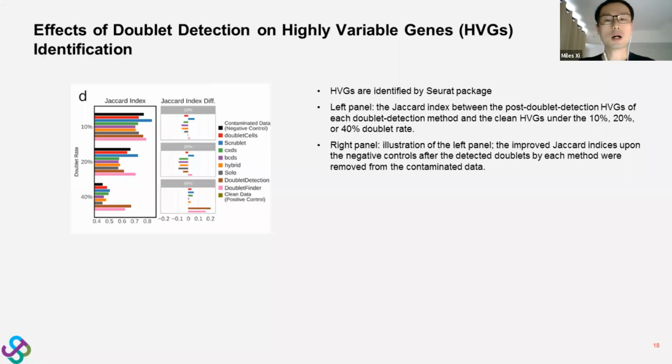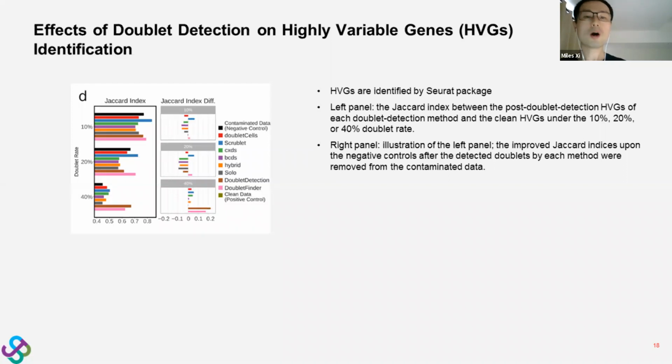Okay, so then for the next one, we want to see the effect of doublet detection on highly variable gene identification. So what is highly variable gene identification? In your analysis, you have tens of thousands of genes, and you actually don't want to use all of them, because most of them will not give you a lot of information, since most of them are just 0, 1, or 2. You want to find those genes that are very different in different cells.